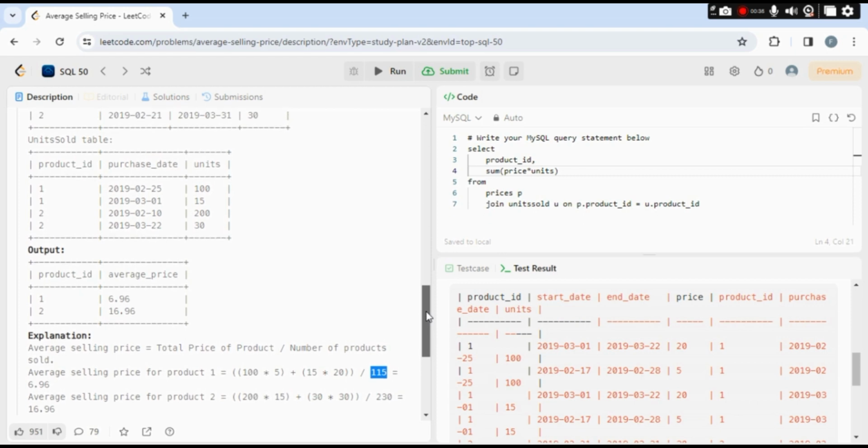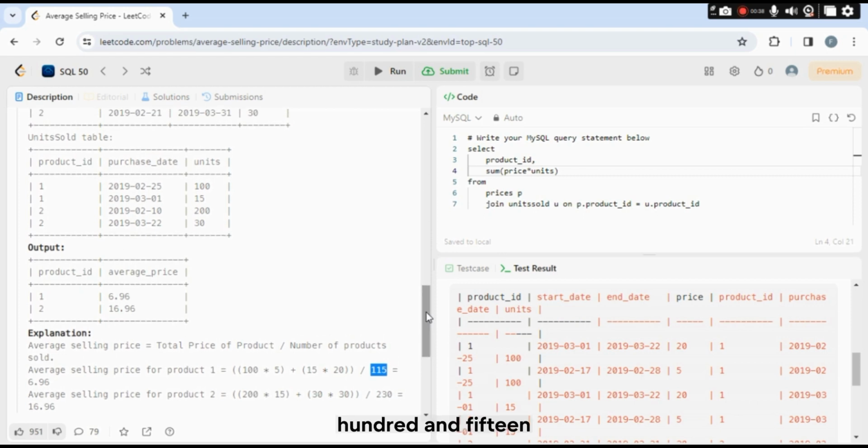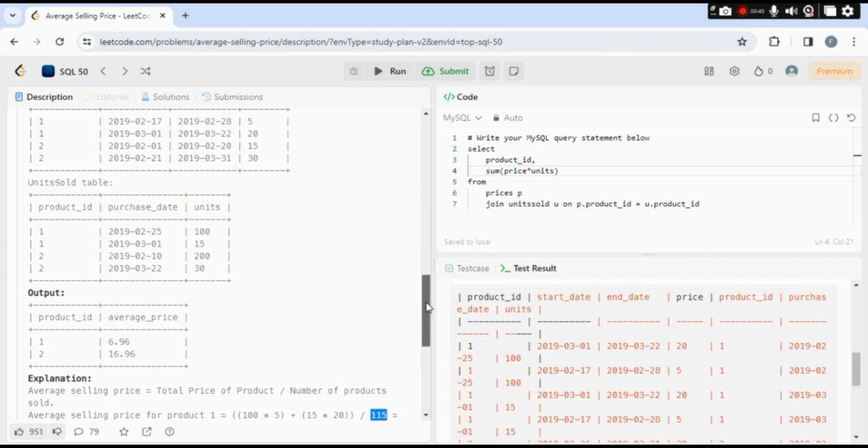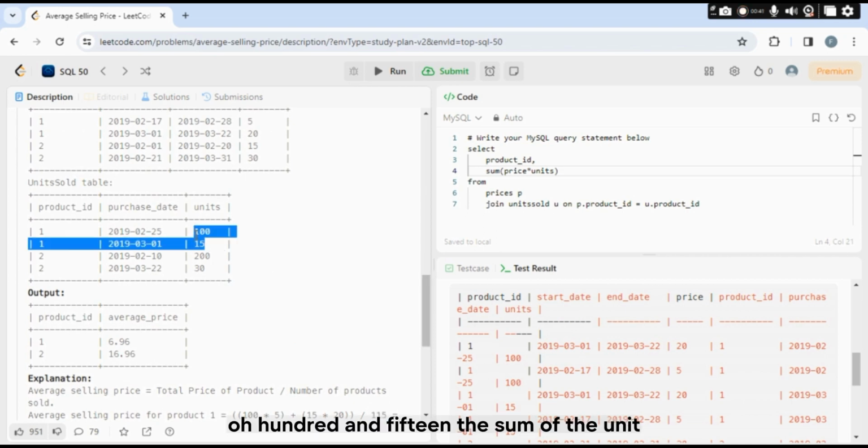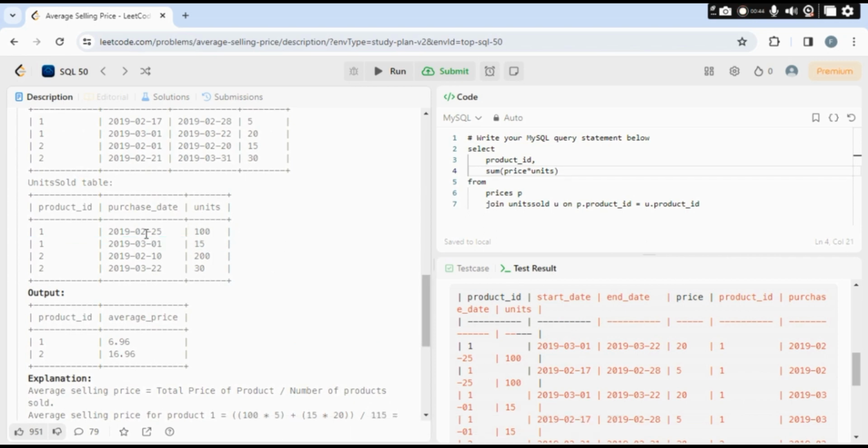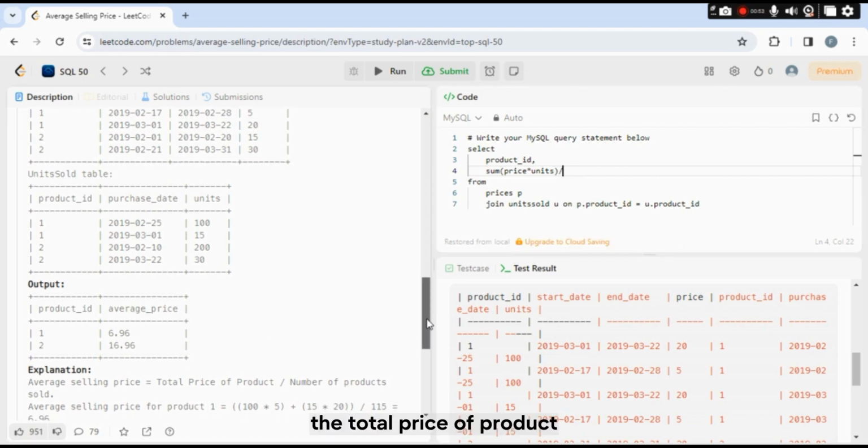Oh, 115, the sum of the units from product one. So we have to divide the total price of product with the number of products sold, sum of units, as average price.